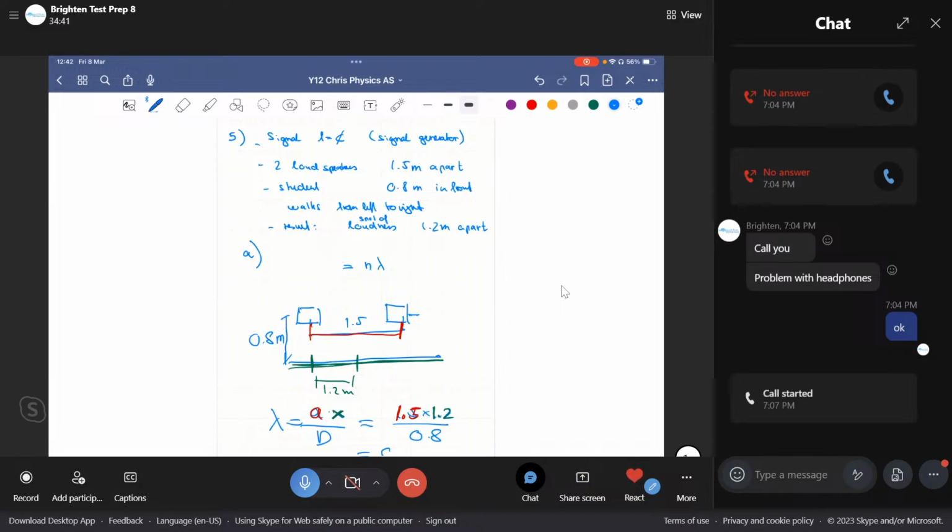That would be 2.25 meters. No, I'm thinking when you look at 1.5 times 1.2 divided by 0.8. Oh, wait a minute. Okay, let me see. 1.5 times 1.2 is 1.8. Yeah, okay. Thank you.